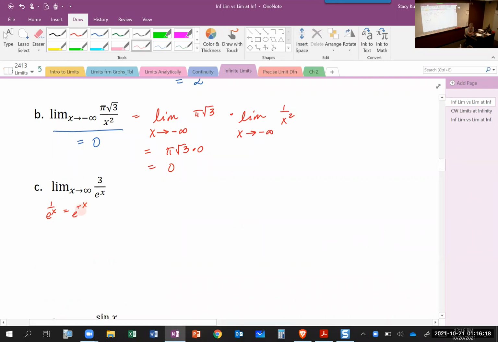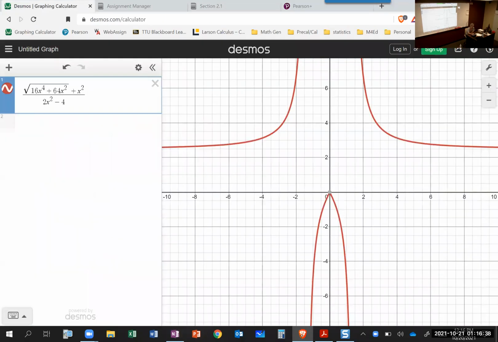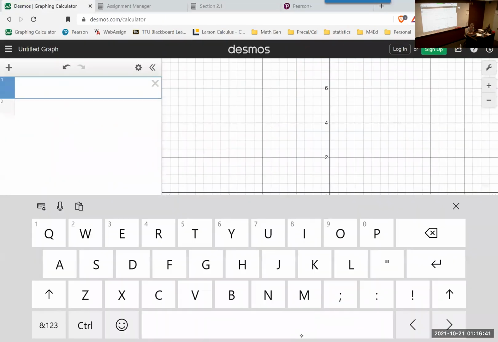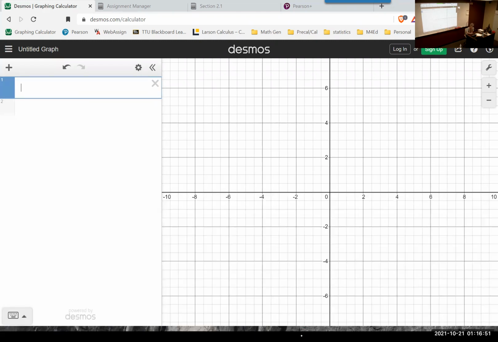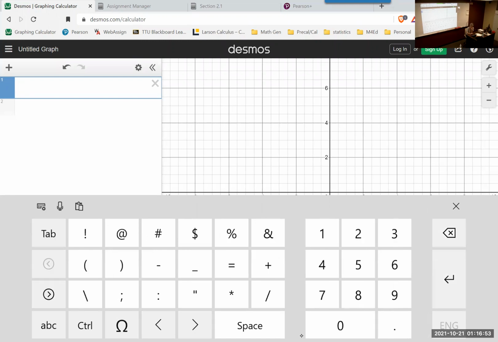What happens when I have a negative here? We reflected it which direction? I want everybody to put into their calculator 1 over e to the x. It approaches 0, right?